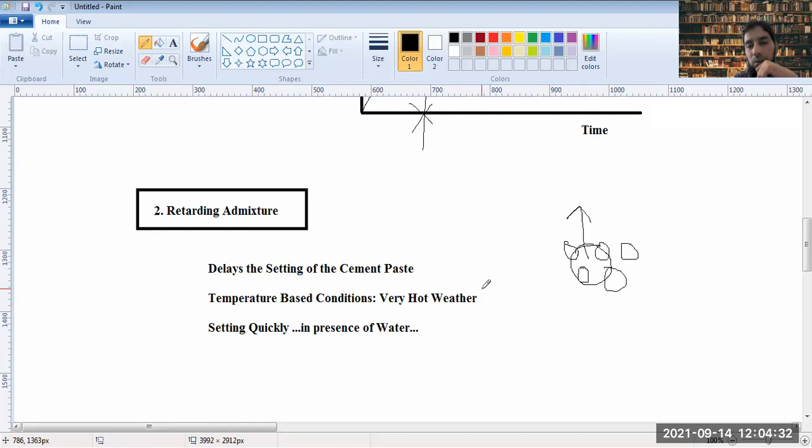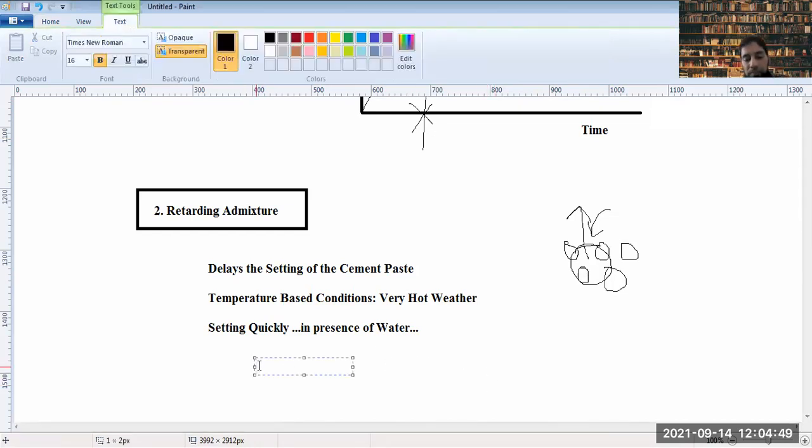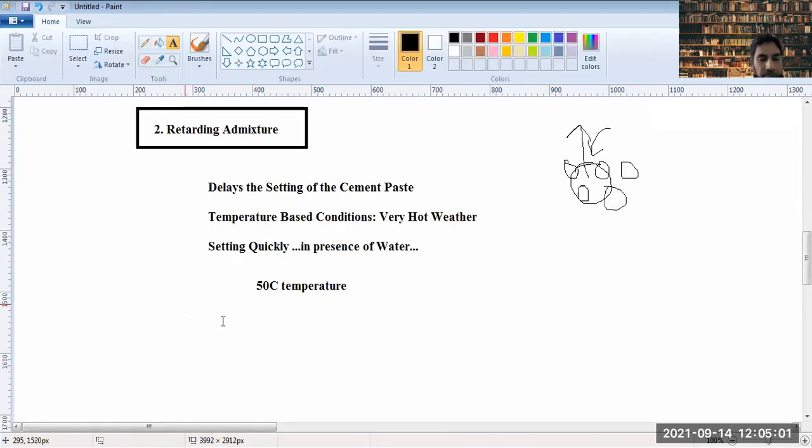So you want the setting time to be delayed in such hot weather conditions, so that you keep adding water and do not let it remain unhydrated. For temperatures greater than 50 degrees Celsius, which are prevalent in certain situations, you want such retarders.